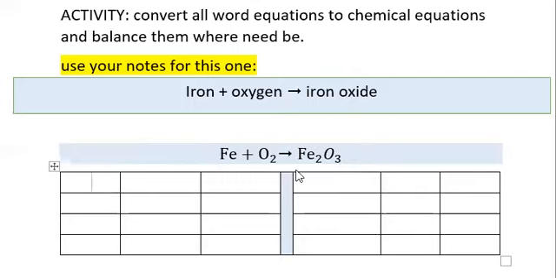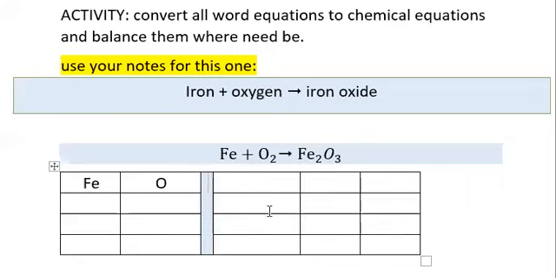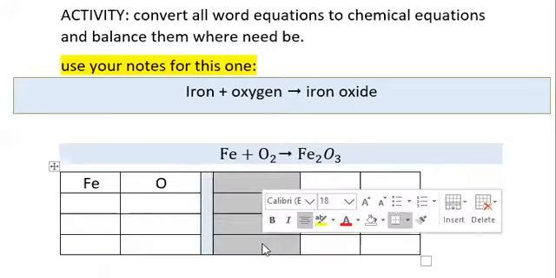So we need to see if this is a balanced chemical equation, right? It's going to take us a little bit of time to balance this equation, but that's all right. I'm just moving it in the middle.